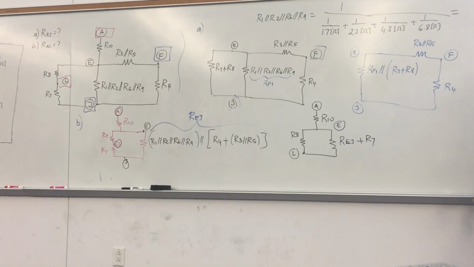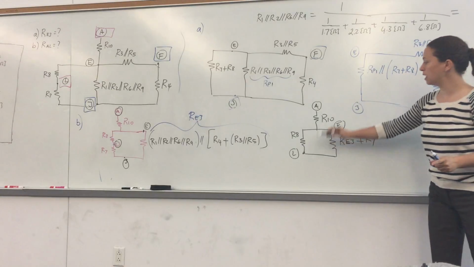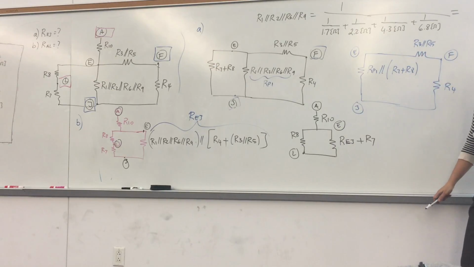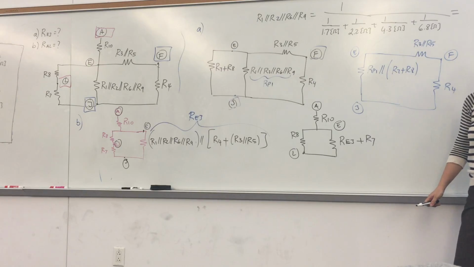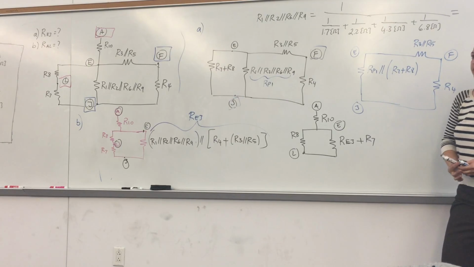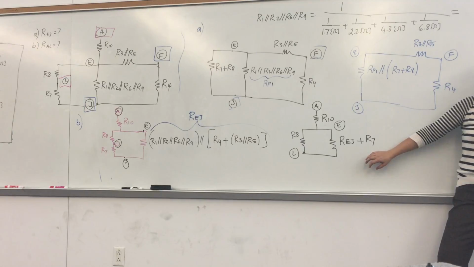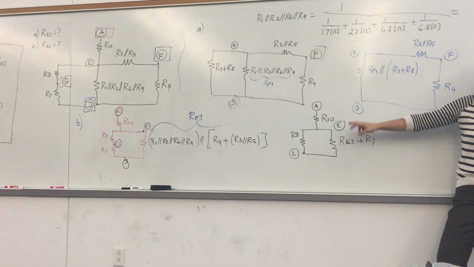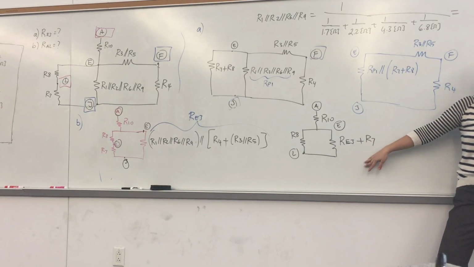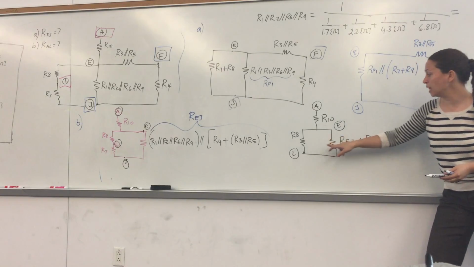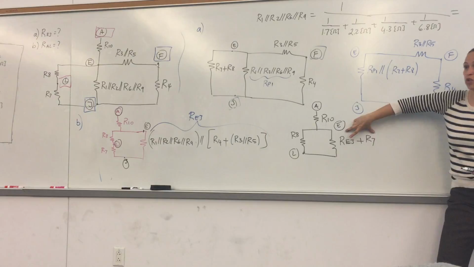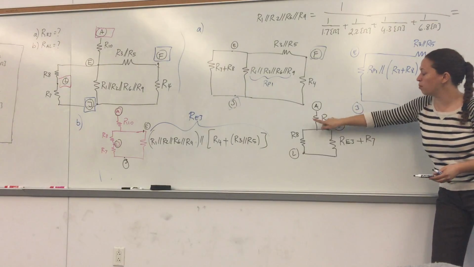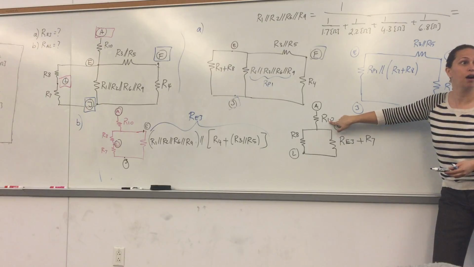One more to get rid of, and then I'm done. I want A and L. I want to get rid of E, right? Correct? So let's finish this. Let's take it down to a single resistance from A to L in one step. What do I have here? I have R8 in parallel with this series combination here. And then this parallel combination is in series with R10, right?